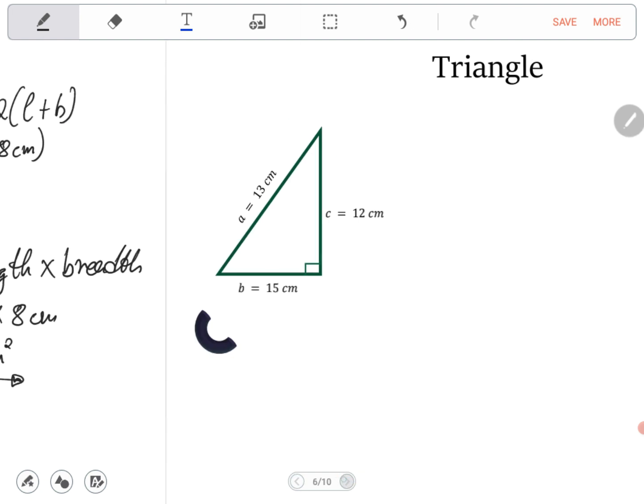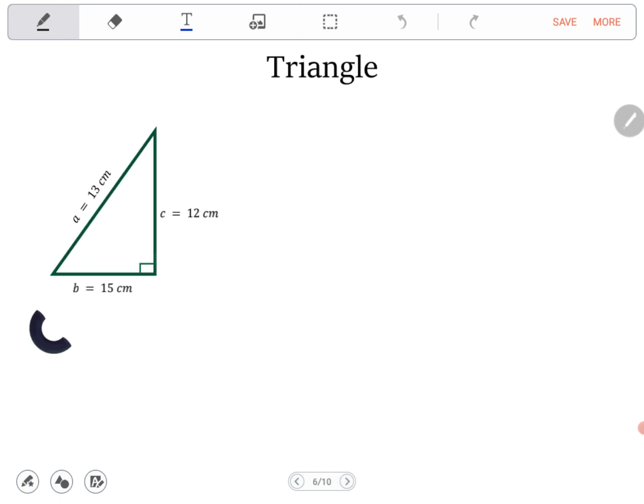Then next we look at a triangle, and we can look at a few of these triangles. We have a right angle triangle here. It has a 90-degree angle. Now when we look into the perimeter of a triangle, we go back to what we said perimeter is. Perimeter is simply when we add all the sides, so this side plus this side plus this side.